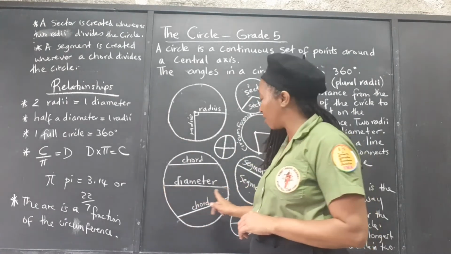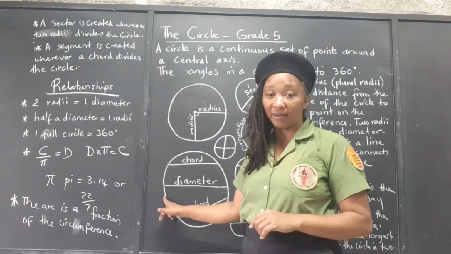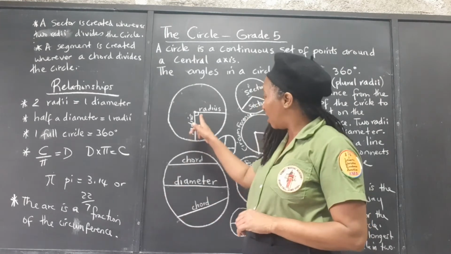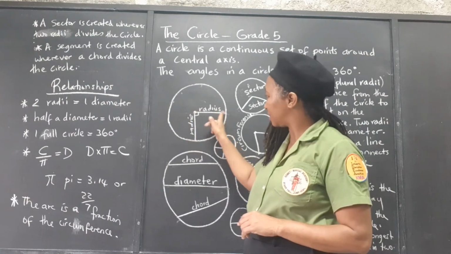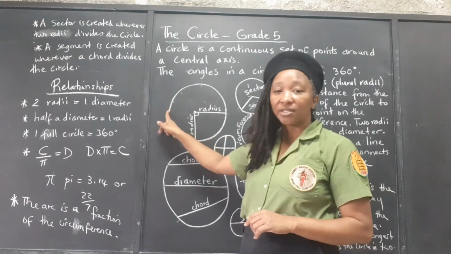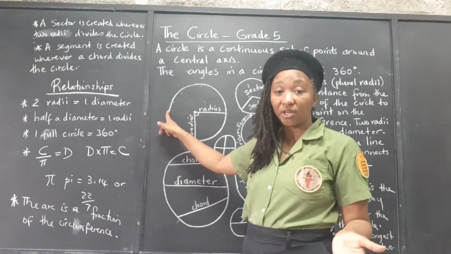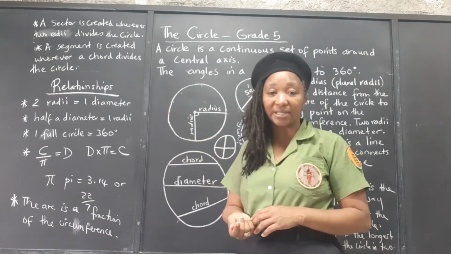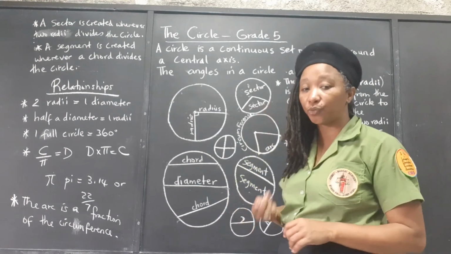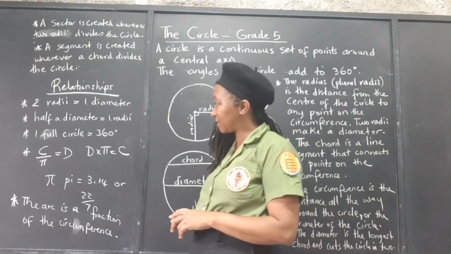Remember, the longest chord cuts the circle into two halves. So along this center, from here to the center is a radius, here to the other circumference would be another radius. So two radii make one diameter.